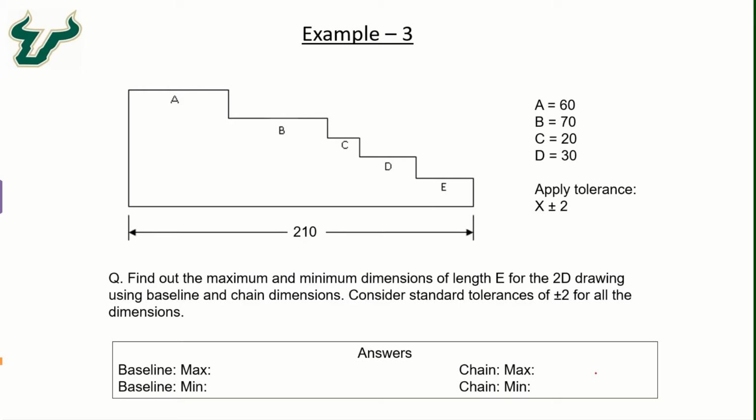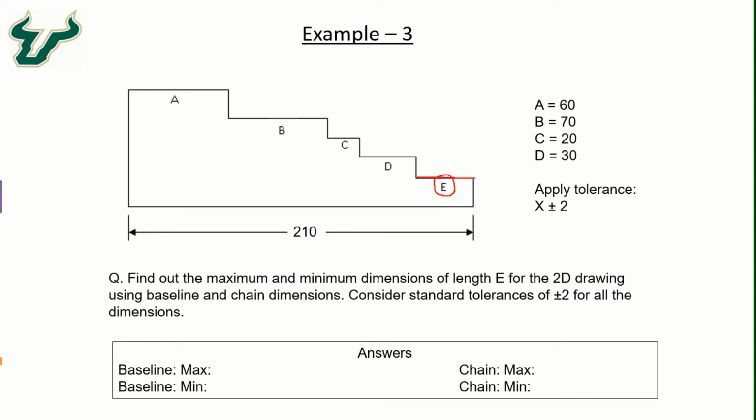Again, let's take a look at another example where we have 210 as the overall length and the individual lengths are also assigned. We need to apply a tolerance of plus minus 2 in this case, and figure out the resulting dimensions for the length of the edge E if we use the chain dimension or the baseline dimension scheme.